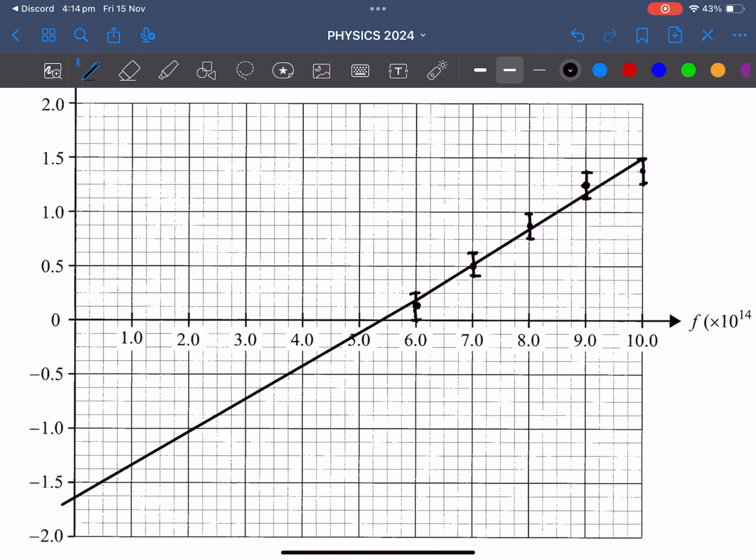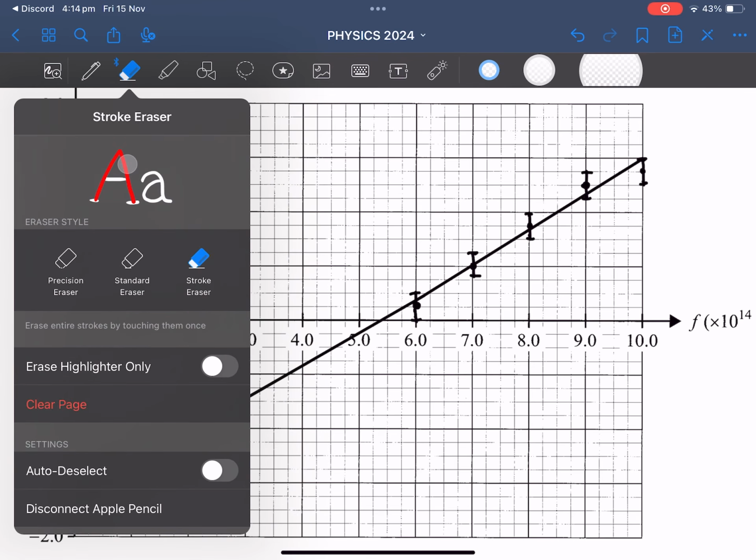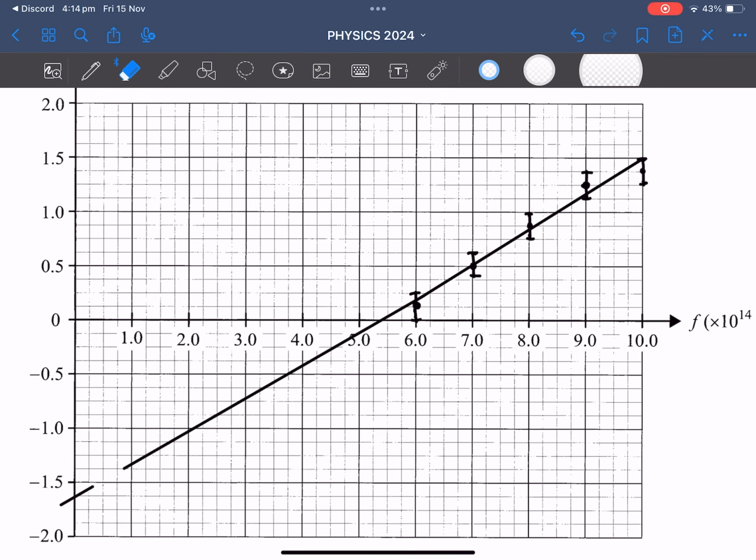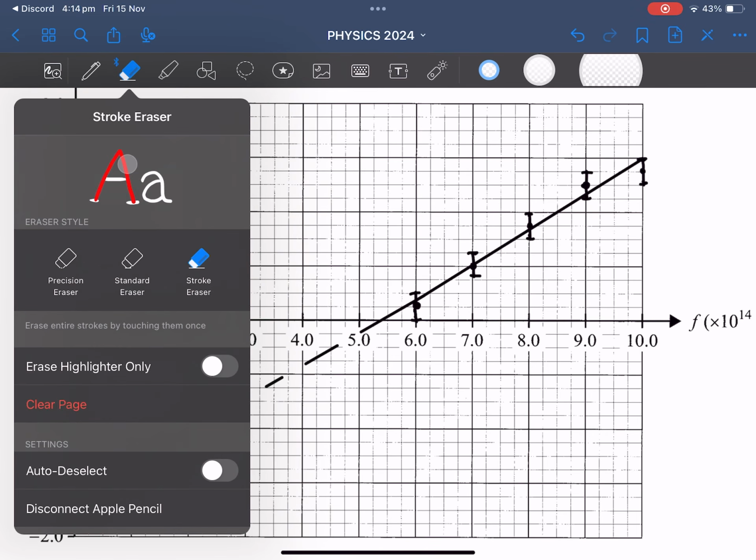Something like this, maybe. And we remove this one, make it more dotted. That's a big gap. Yeah, this would do. Okay, stroke.